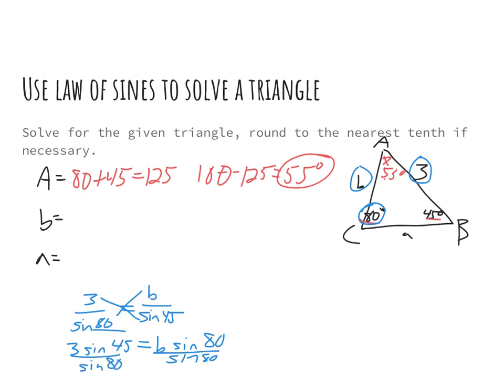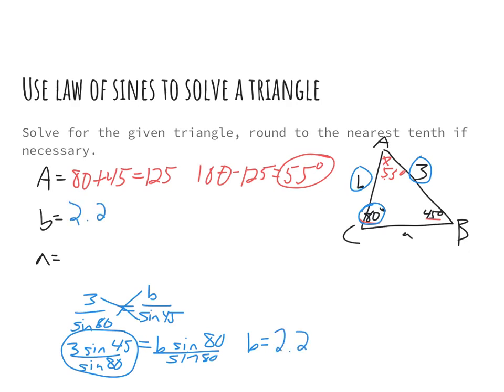When you type this fraction into your calculator, make sure the parentheses are closed after the 45 degrees. So if you do 3 sine of 45, close the parentheses with the button above the 9, and then hit divided by the sine of 80. If you do that, we get that B is about 2.2.